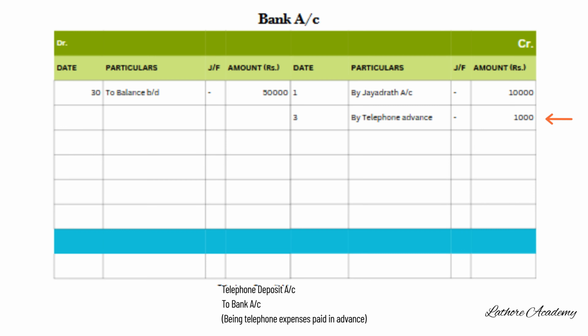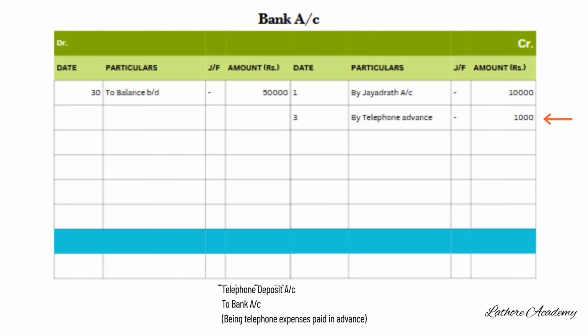Students, remember this is not an expense, this is a deposit. Telephone deposit is an asset, so we have debited it here, and since we are issuing a cheque, bank has to be credited. So the journal entry is telephone deposit account debited to bank, and the bank account is credited by telephone deposit account.